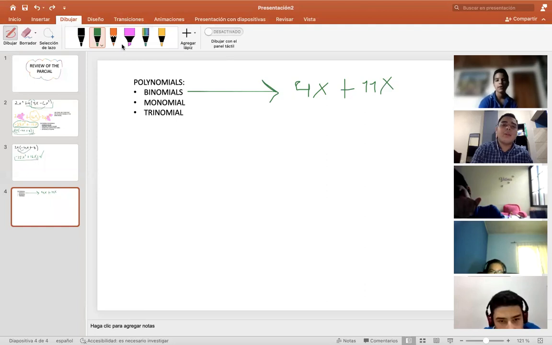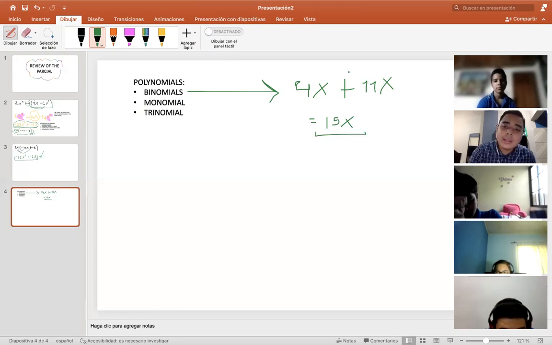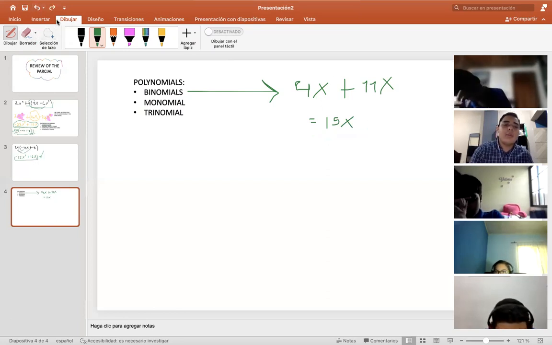Because they are common factors, so they can be added, and this will be 15x. And 15x is not a binomial. So that's why your exercise is not a binomial.